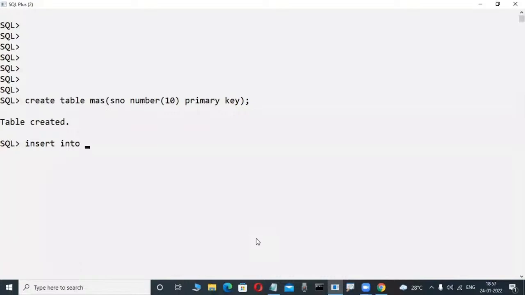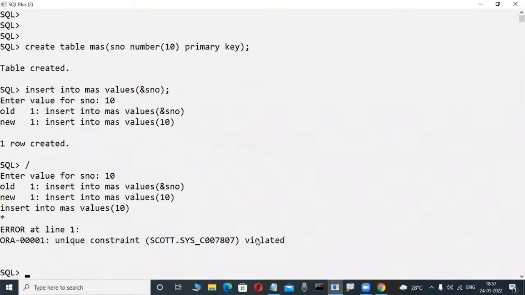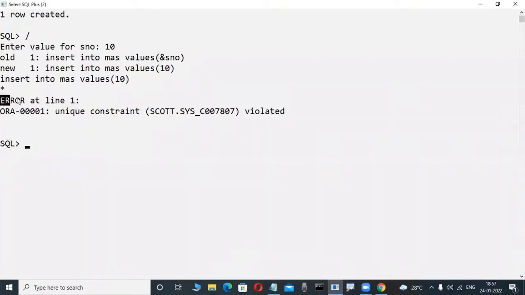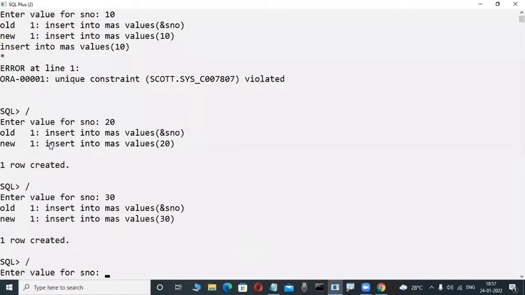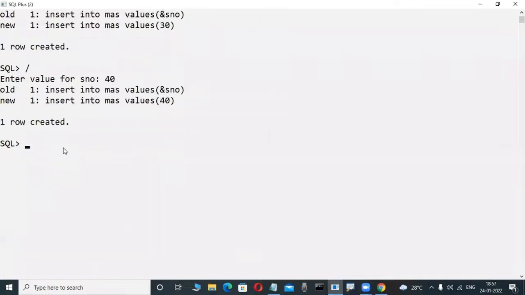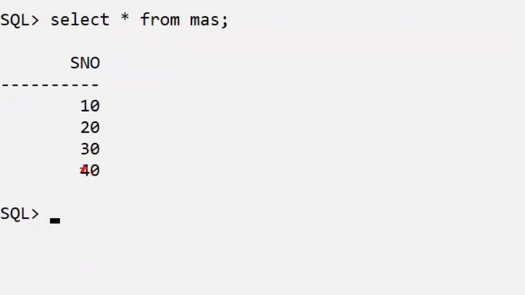Now I try to insert duplicate data in the master table, suppose 10 again. Duplicate is not possible, error. But 10 one time, 20 one time, 30, and also 1, 2, 3 are fine. That's why I'm telling you this is a master table. Select star from master, like this. Observe here, 10, 20, 30, 40 is there or not?